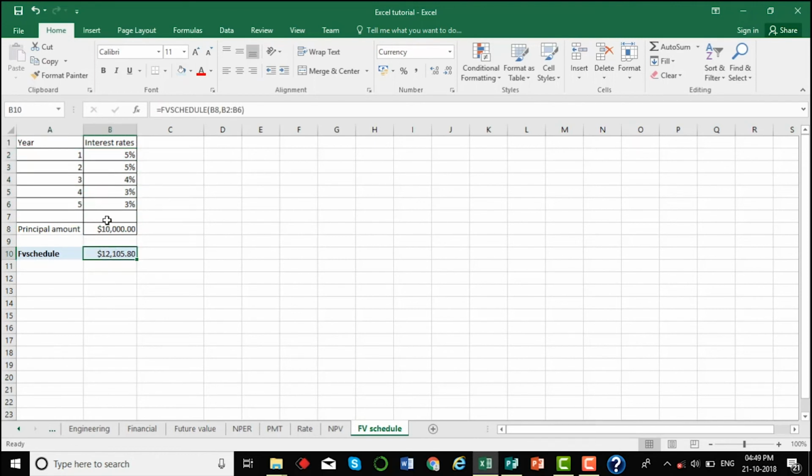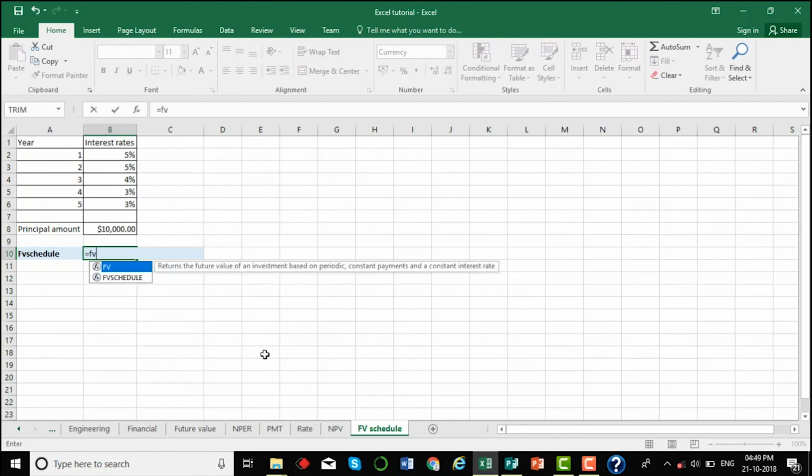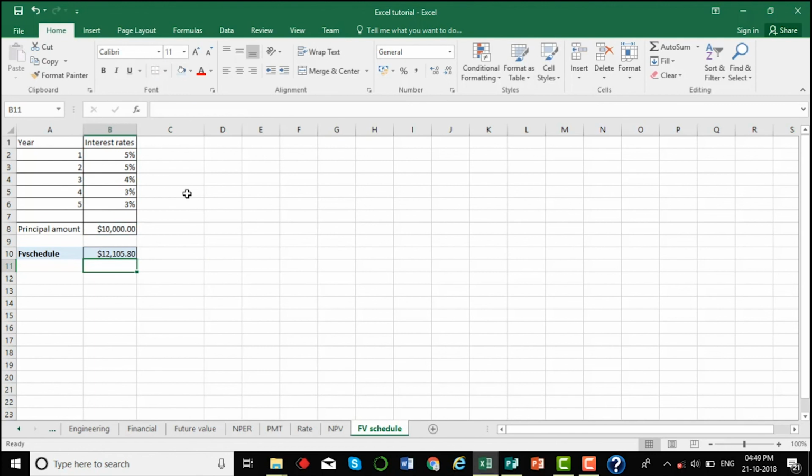Using these two, I can calculate the future value schedule, and the formula is equals FVSCHEDULE, open parenthesis, of the principal amount, select it, comma, the schedules, these are my scheduled interest rates for 5 years, and we close parenthesis, hit enter, so $12,105 would be the future value schedule value.